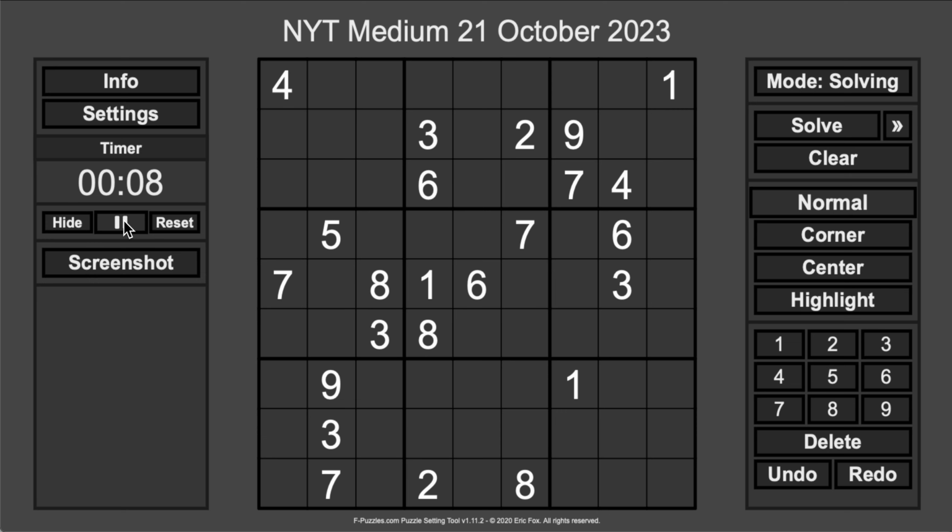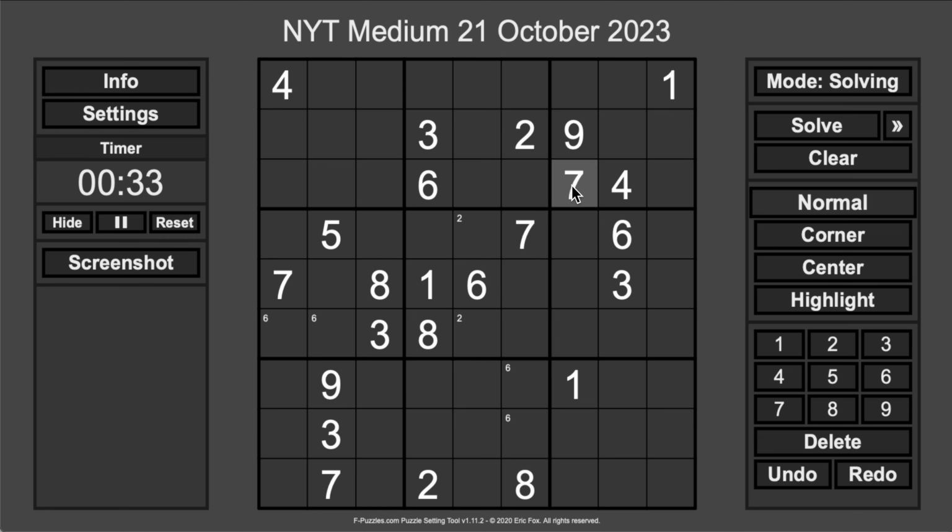Okay, so we have this as our starting grid. These two 6s force one of these to be a 6. These two 2s force one of these two to be a 2. One of those is 6 based on this one and that one.